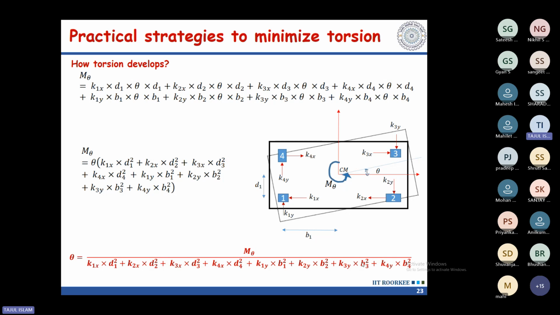So that is what I told you in the previous slide. Increasing the distance away from the center will have maximum effect. You can understand this from this expression itself. If you are increasing the stiffness, your effectiveness will be just 100%. But if you are increasing the distance, your effectiveness is exponential, square times.